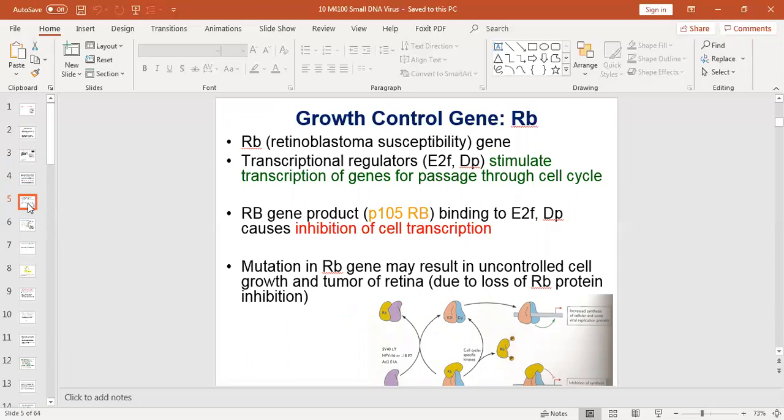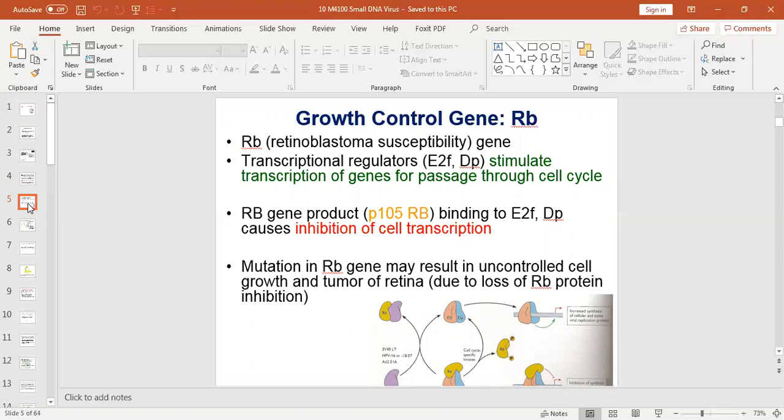the cell. So one of these growth control genes is called RB. RB stands for retinoblastoma susceptibility gene.